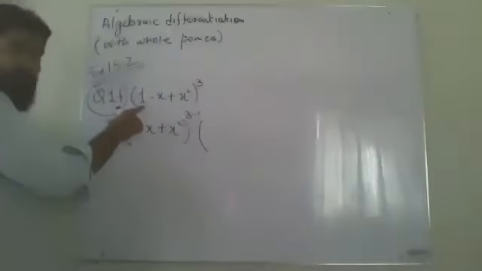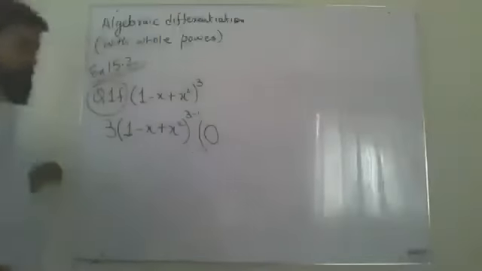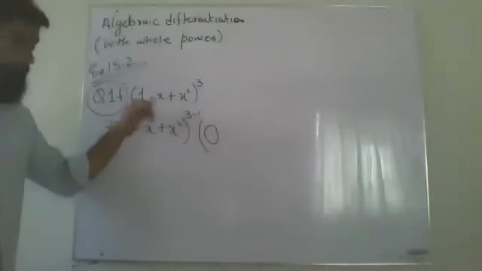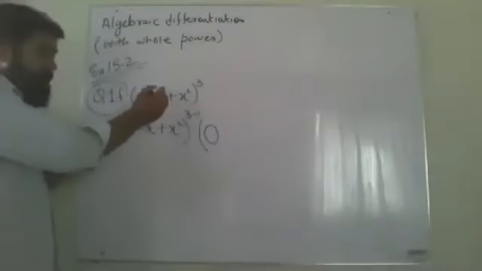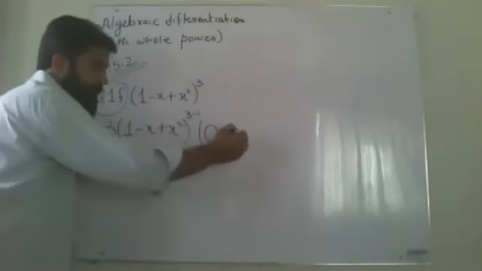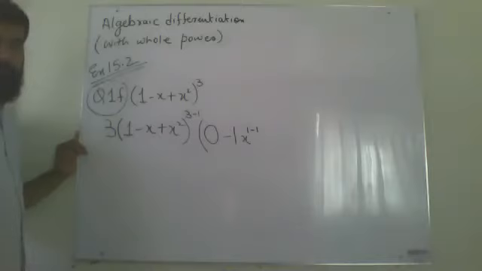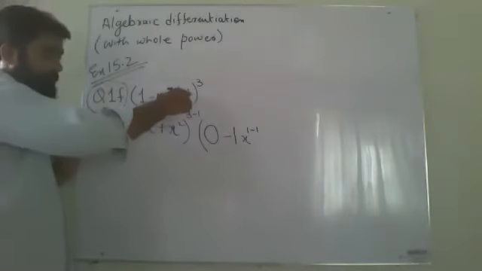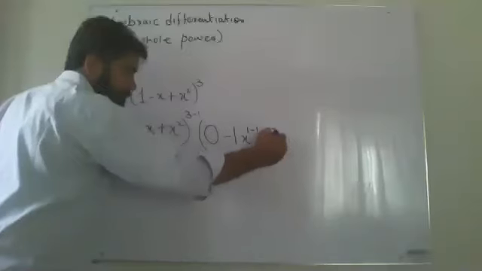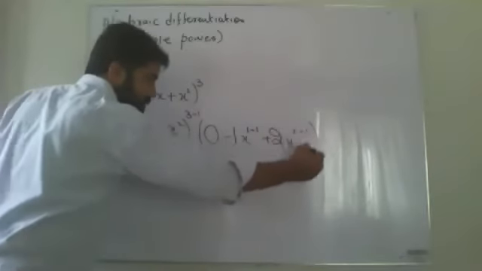Differential of 1, that is a constant, so that will become 0. All of you know that. Then minus x is there. So the power of x is 1. 1 multiplied by minus will be minus 1. And the power of x is reduced by 1. Next one, x square. So plus 2x, 2 minus 1.